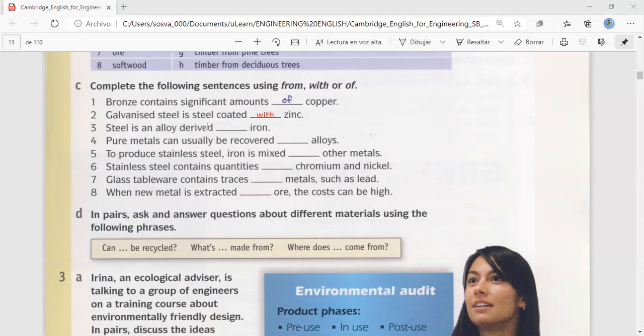Steel is an alloy derived from iron. Exactly. Number 4: pure metals can usually be recovered from alloys. From alloys, yes.